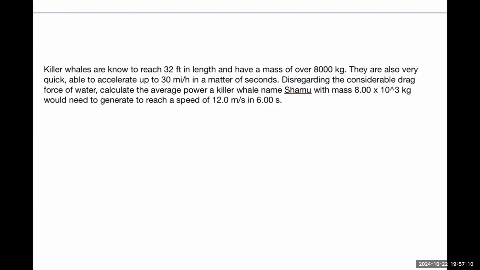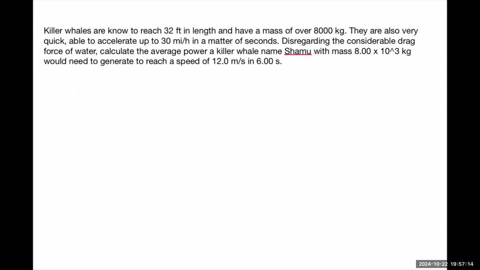So again, what is the definition of energy? Anyone? So from work energy theorem, what do we know? The capacity to do work. Capacity to do work, that's the definition, right?